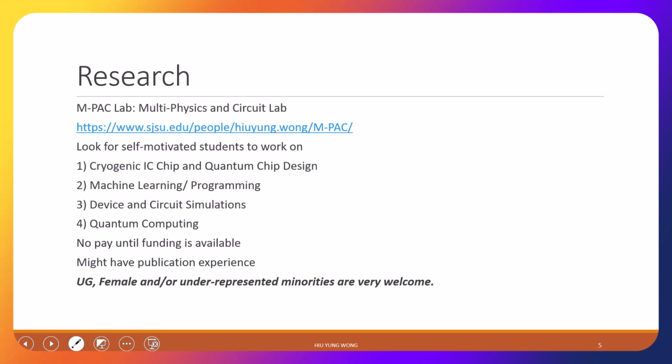So I always look for students to work on cryogenic IC design, quantum chip design, machine learning and programming, device and circuit simulation, and quantum computing. Particularly if you're undergraduate, female, or an underrepresented minority, I really encourage you to try, because usually they are less represented, because somehow they are not aware of this type of opportunity. So it would be great if you are interested. I had many good students before. They are very self-motivated, and they are tough people, and they are very successful after they graduate.